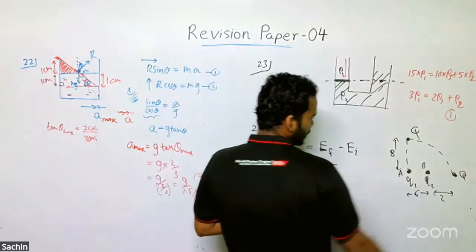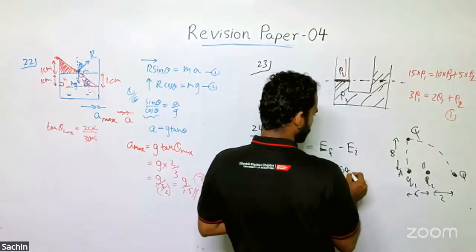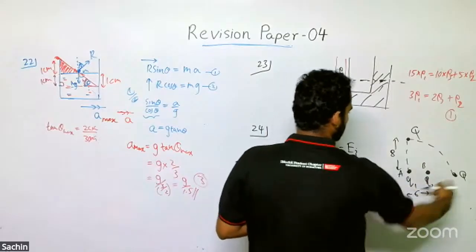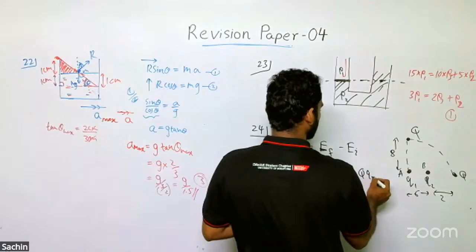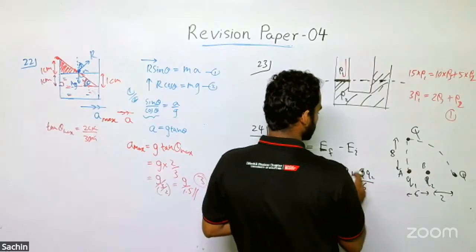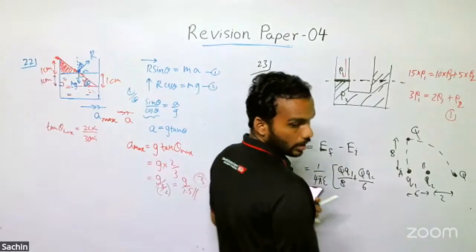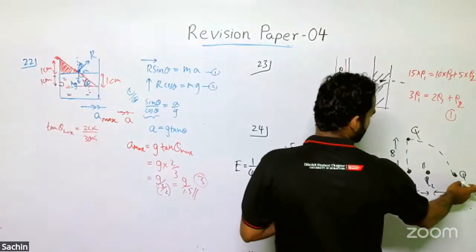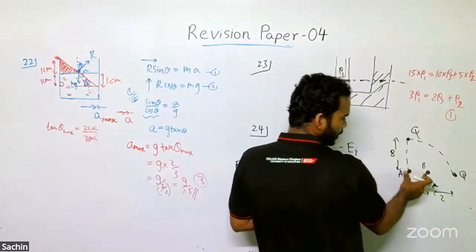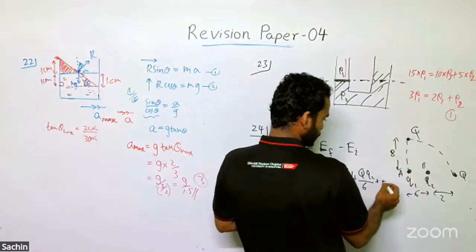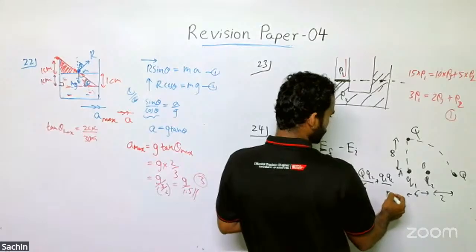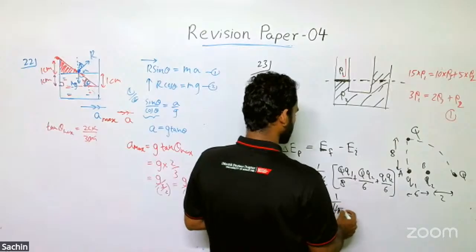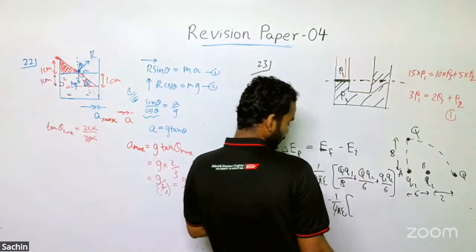Here, if you consider these two, Q1 over the distance 8. And if you consider these two, the final one is Q2 over 6. But you have to consider the potential energy of the system. So when you consider the system, the total potential energy is built up between these two, as well as between these two. So for these two, the potential energy is Q1 Q2 over 6. Sorry, this is the final.